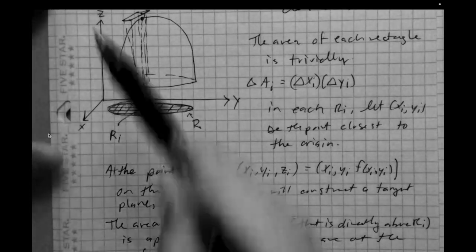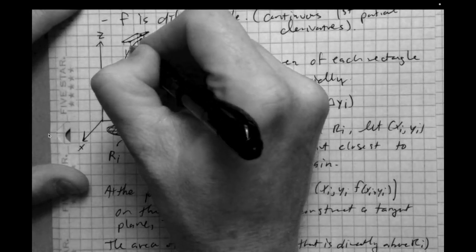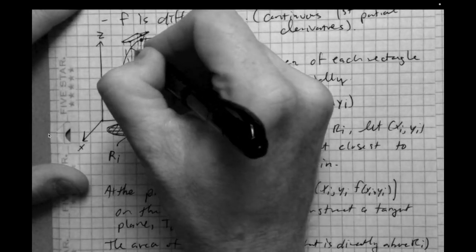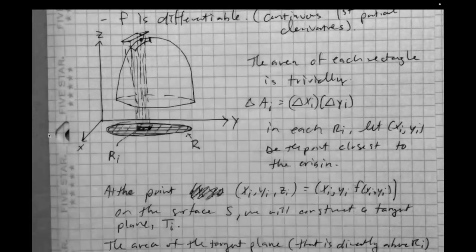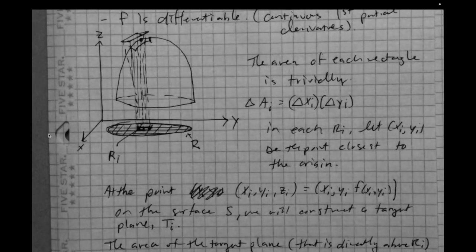So the area of this tangent plane is approximately equal to the area of the surface that falls directly above this subregion Ri.